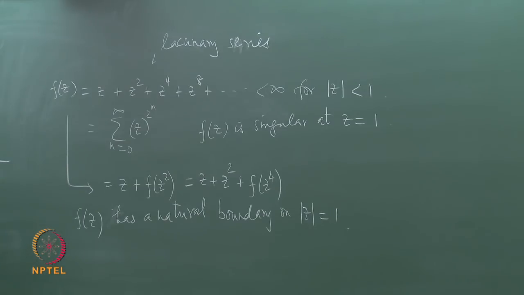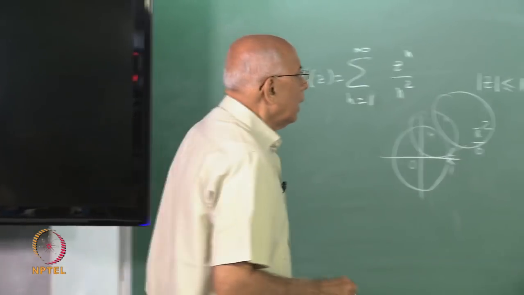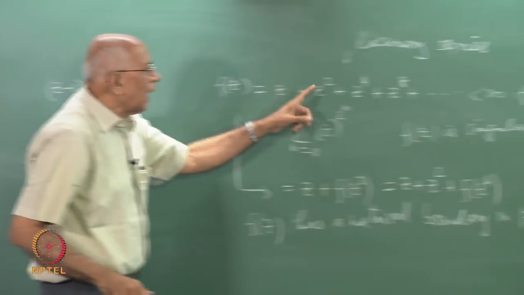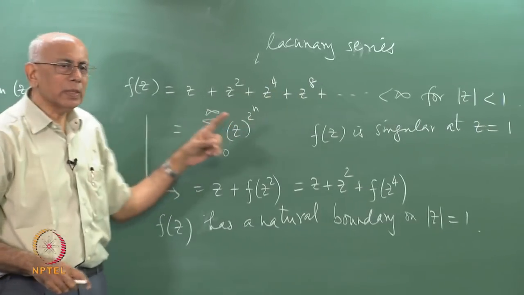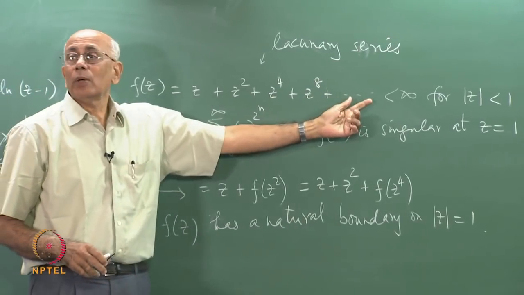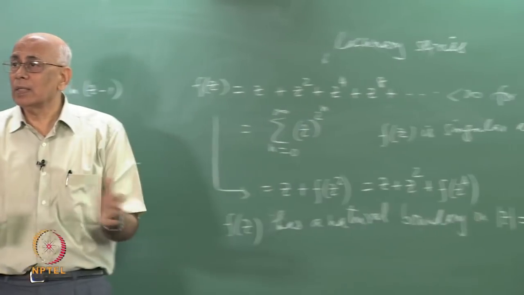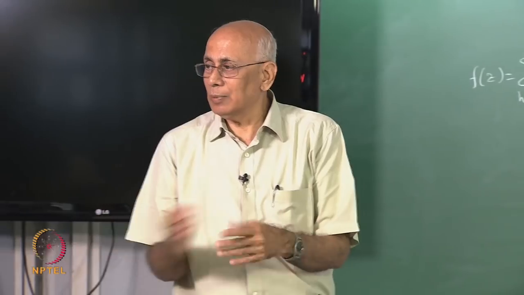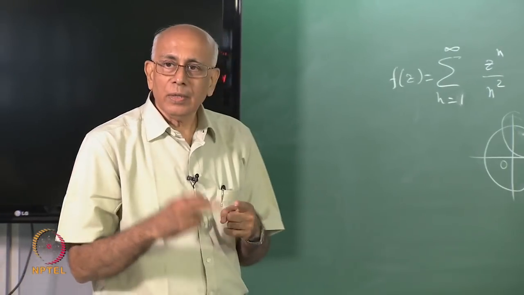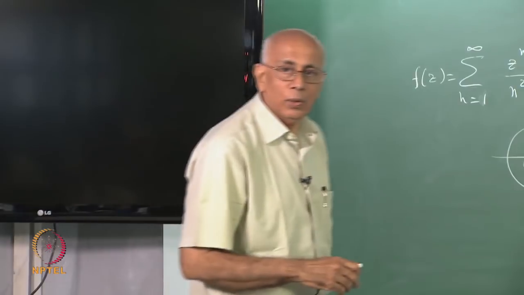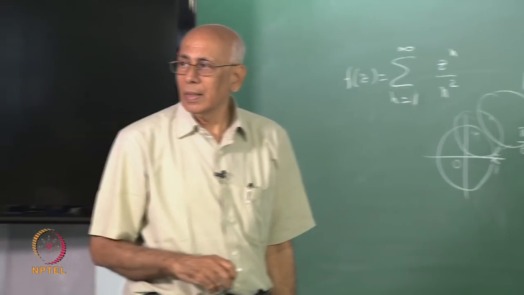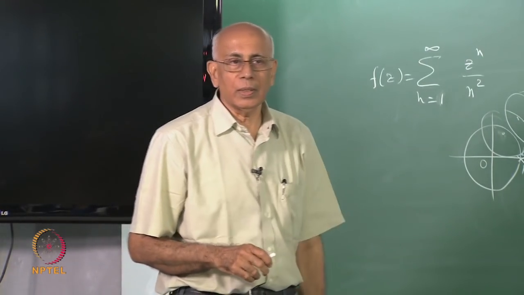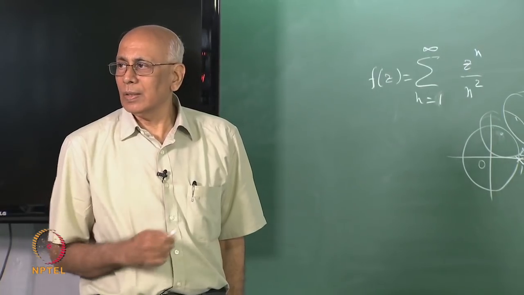Typically, in a heuristic way, what happens is, if there are lots of gaps in the powers, as you can see here, the next term is z to the power 16. So everything between 8 and 16 is absent, and then everything between 16 and 32 is absent, and so on. So there are lots of gaps in these powers, and you have very sparse powers of z, and whenever that happens you have the makings of a lacunary series.